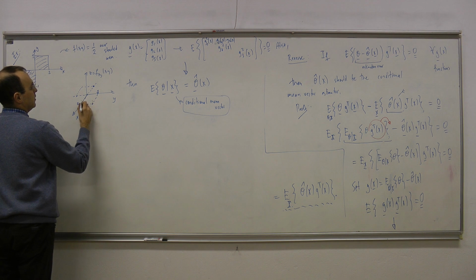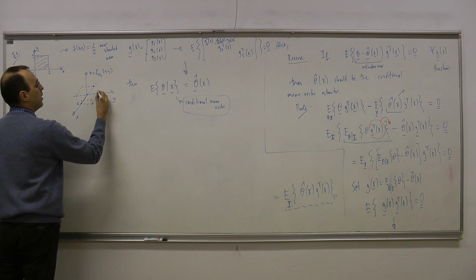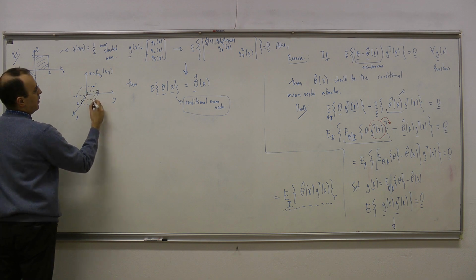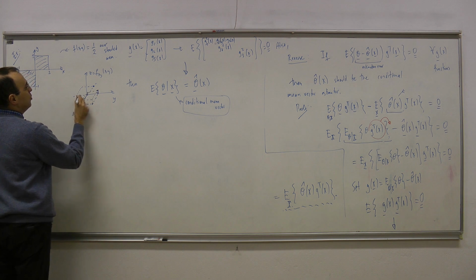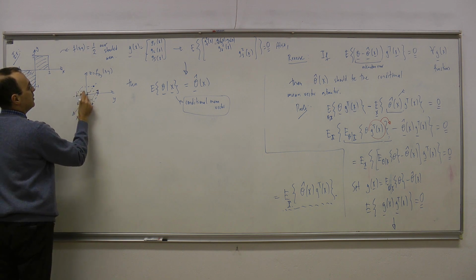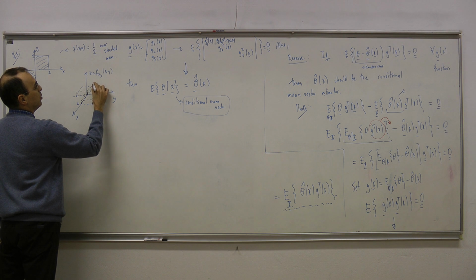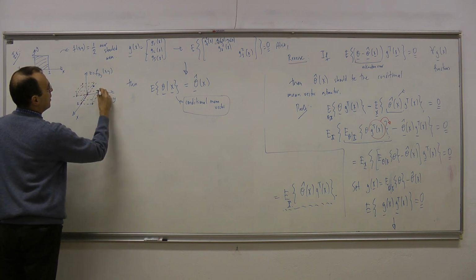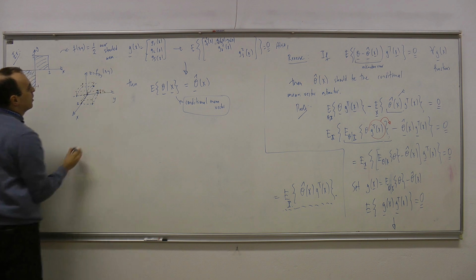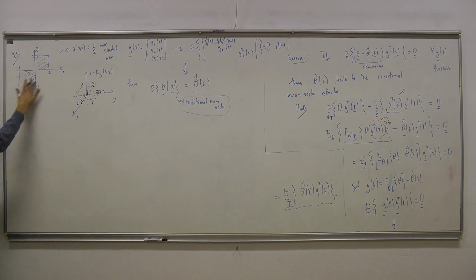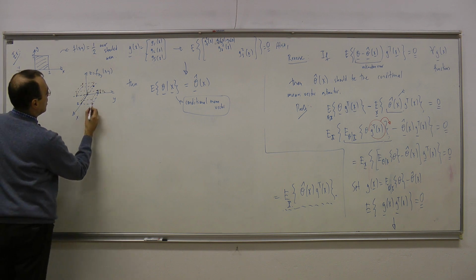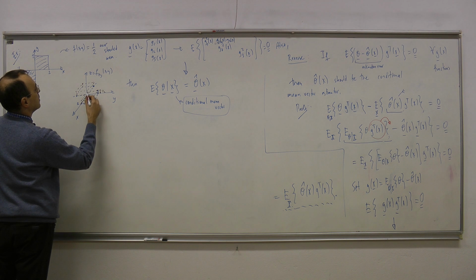On top of this, I see a box of height 1/2, and on top of this one I see another box. It's a three-dimensional plot of height 1/2. Is this clear? This is the base of those boxes, so these blue marked parts are the base of those boxes.